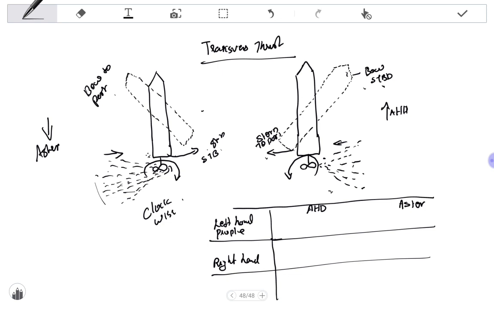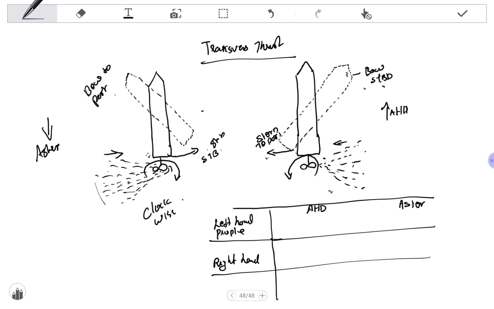So in a left-handed propeller, for ahead movement, the propeller has to turn anti-clockwise, and the discharge will be like this. The stern will go to the port side and bow to starboard.